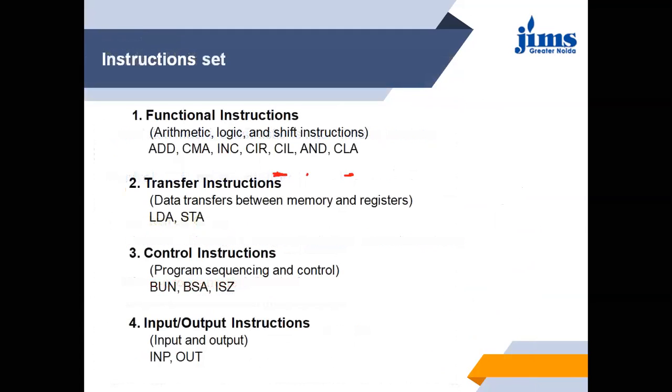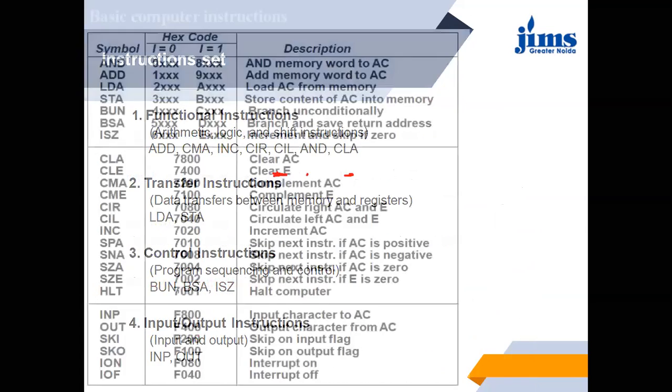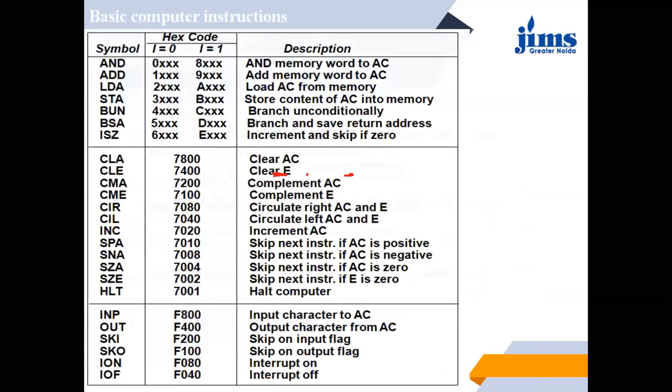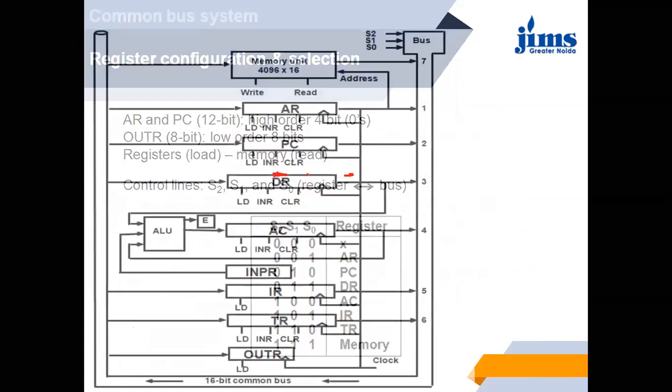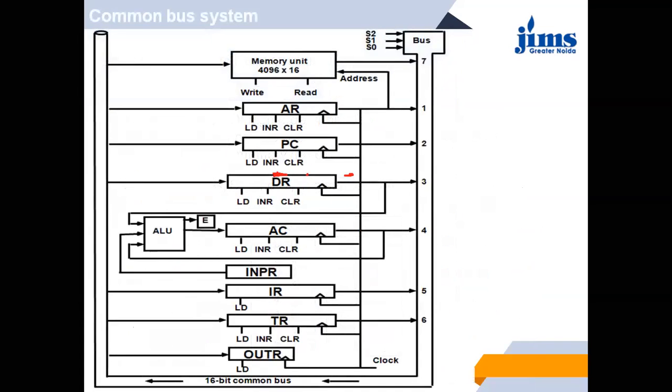I will show you. So in this circuit, you can see here that E is a register that is connected with the ALU, arithmetic logic unit, and we perform the operations over here.